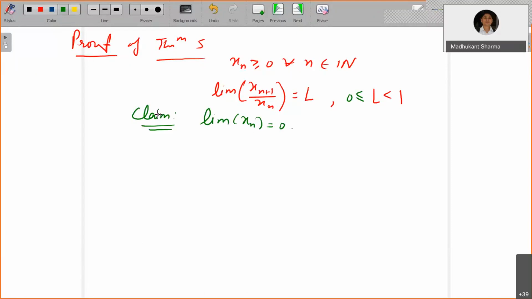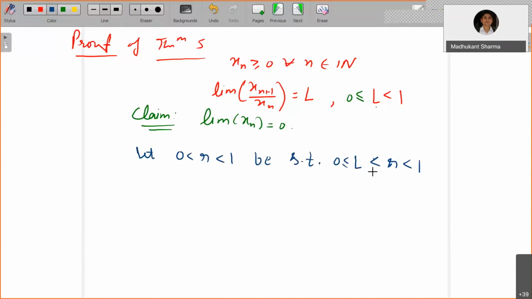Now, the proof is as follows. L is less than 1 and greater than or equal to 0. So let R be such that 0 less than R less than 1 and L less than R less than 1. Why have we chosen an R which is strictly greater than L?